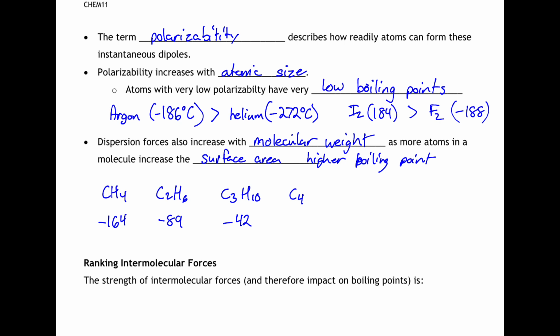Let me erase that. Sorry, guys. C4H10 is negative 0.5. C5H12 is 36. And the last one I'll end up here is C6H14, which is 69 degrees. So these are all in degrees Celsius.